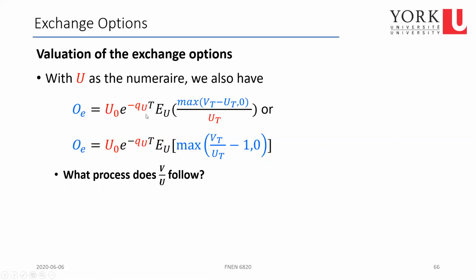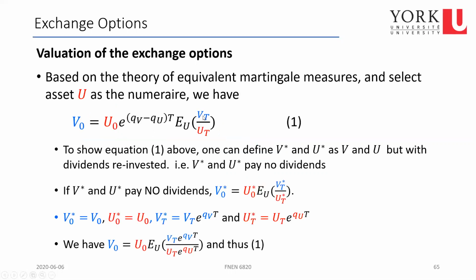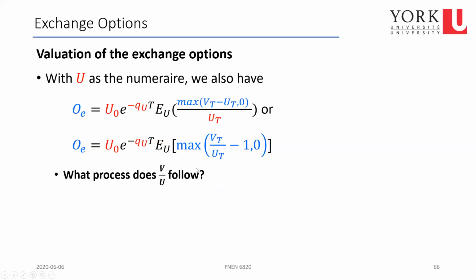Again, figure out why there's an extra term here. Using the same approach, you will see that you only have one QU here.